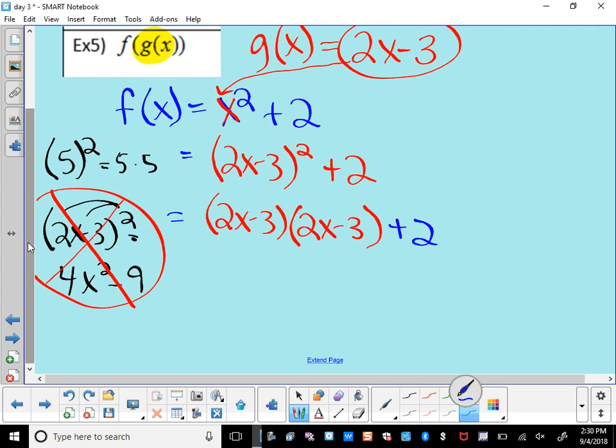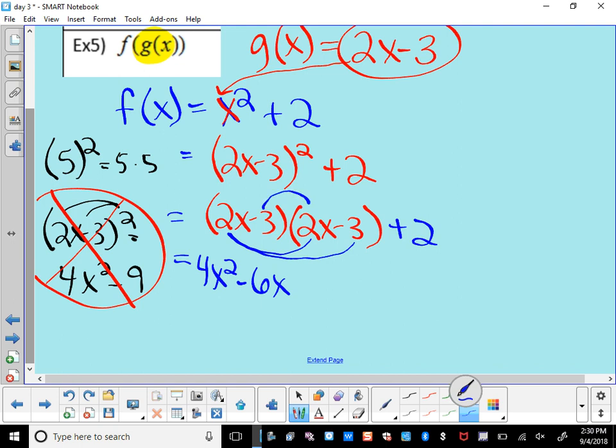Alright, let's solve this out. When I FOIL, I do my first times my first. 2x times 2x would give me 4x squared. The O stands for outer. 2x times negative 3 gives me negative 6x. I stands for inner, so I'm multiplying the inner numbers.